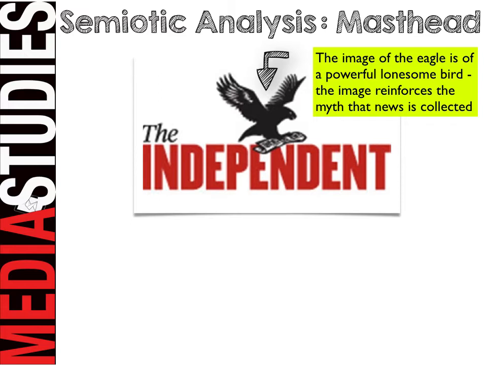Interestingly, the spread eagle with its talons sort of holding a newspaper reinforces this myth that actually news is something that can be collected and delivered to its reader, moving away from that kind of newer model of news agencies and so on. So it's quite interesting for creating a mythology about what news is.